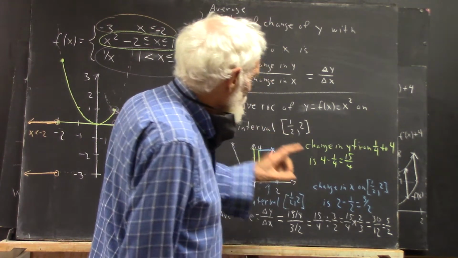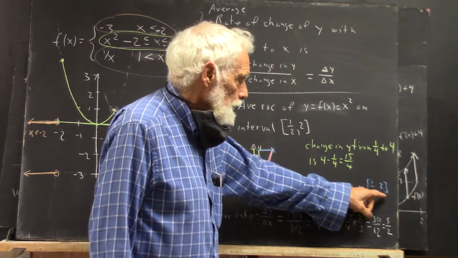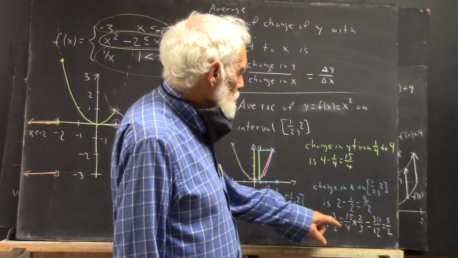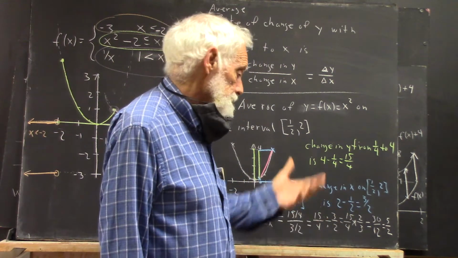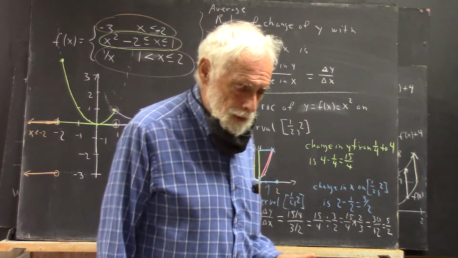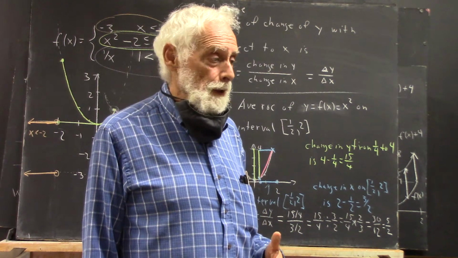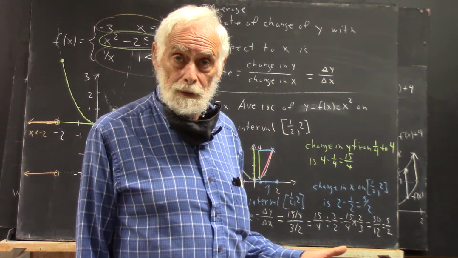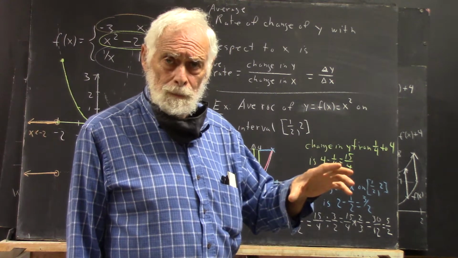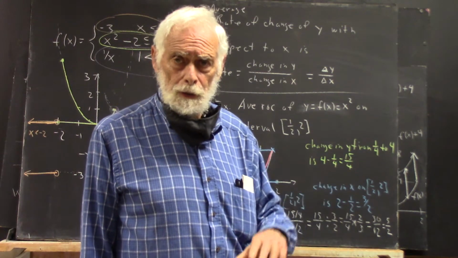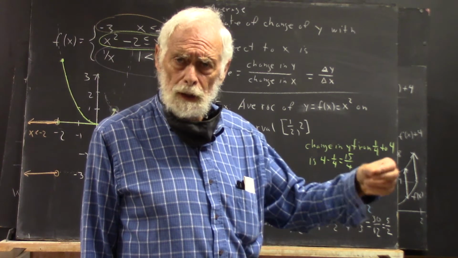So, to find the change in x on an interval, we subtract where you start from where you end. Now, I used an example in class. If you've got $20 and you go to the bank and you get $70, you get $50, I'm sorry, then the change in the amount of money you have is plus $50.